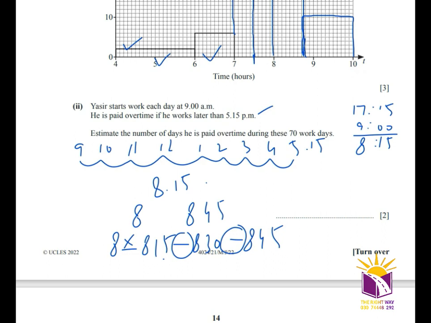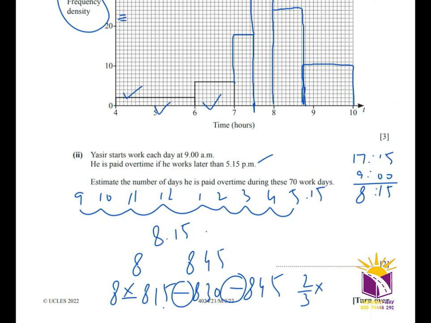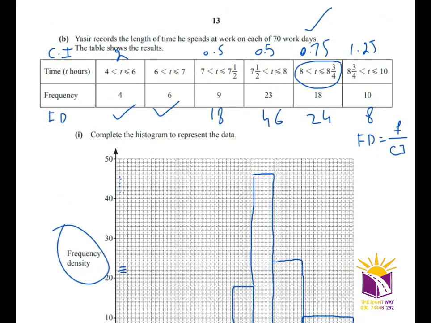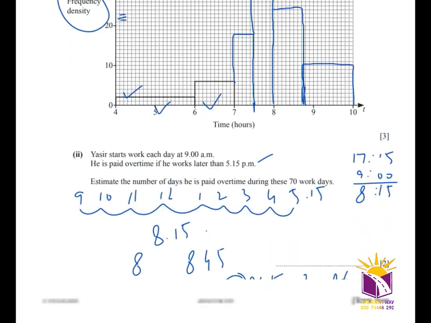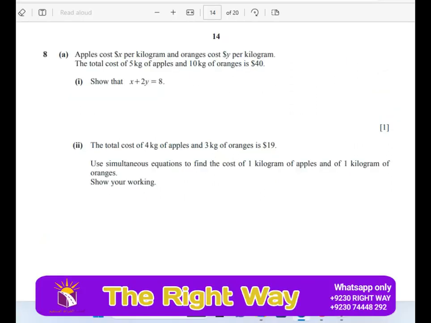So it will be 2 by 3. 2 by 3 multiplied by 18 will be equal to 3 one time, 3 six time, 6 two time, 12. So 12 will be from here and 10 from here. So 12 plus 10 will be equal to 22. So my answer is 22. 22 days he worked more than 8 hours 15 minutes.